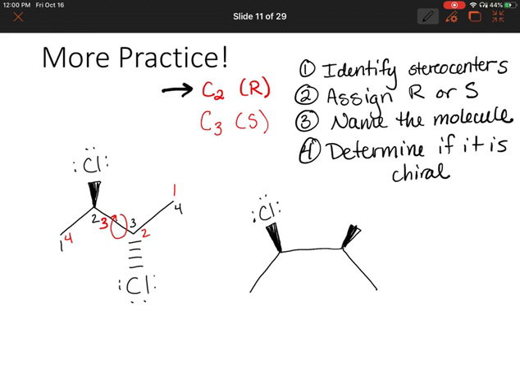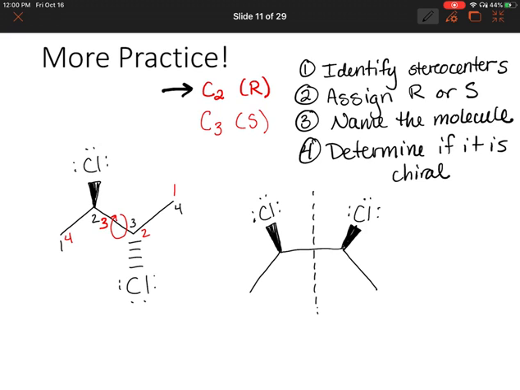And I encourage you to build the molecular model of this using your modeling kit. It will be much easier to see that when you rotate that bond, the chlorine will become a wedge, so it will actually face out towards us. Okay, so now looking at it this way, is there a plane of symmetry? Yes, there is a plane of symmetry down the middle.